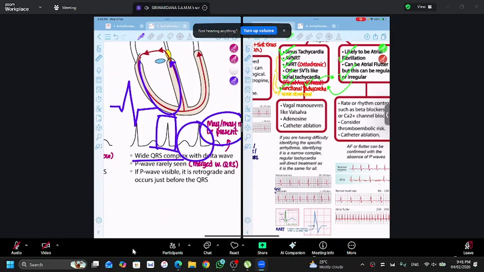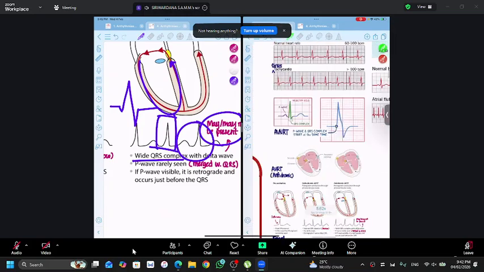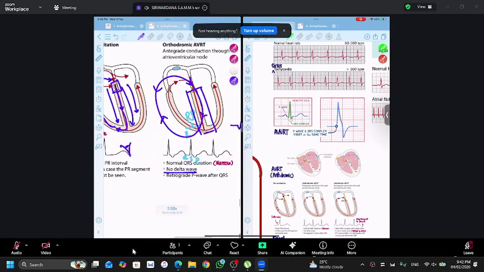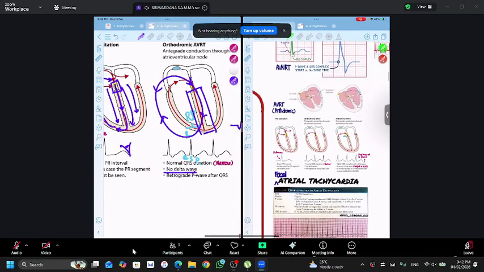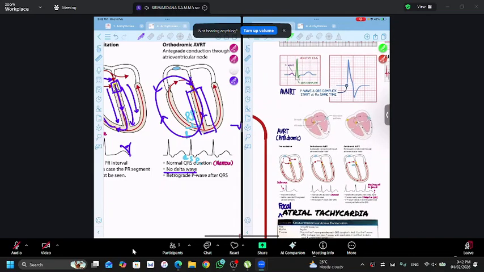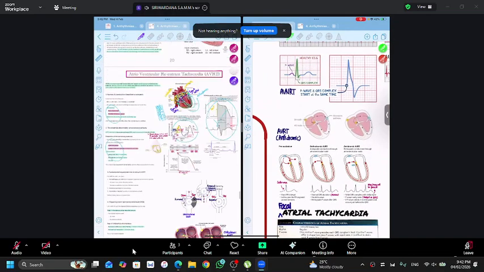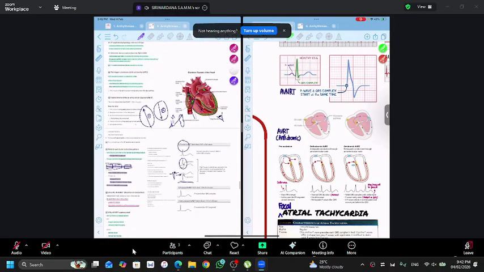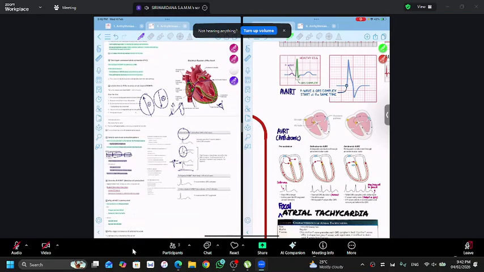But everything else will look pretty much similar, because AV NRT, just normal AV NRT, and orthodromic AVRT will look something like this.